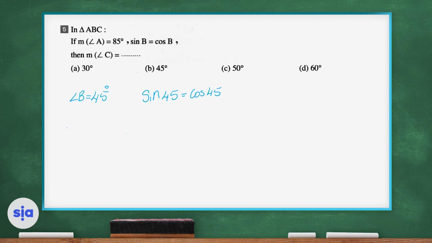Then in triangle ABC, if the measure of angle A equals 85 degrees and B equals 45 degrees, then the measure of angle C equals 180 minus the sum of 85 and 45. Then the measure of angle C is 50 degrees. So the correct answer here is choice C.